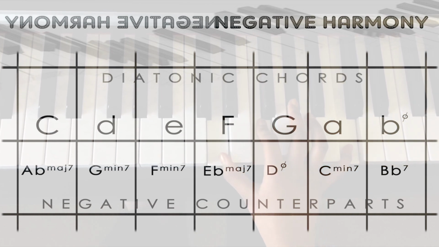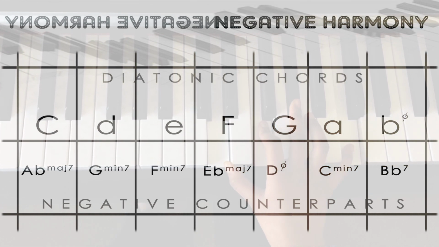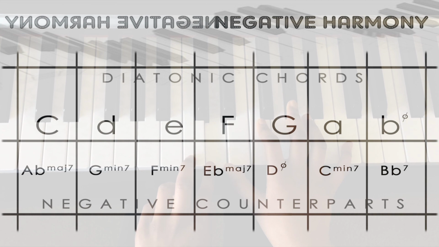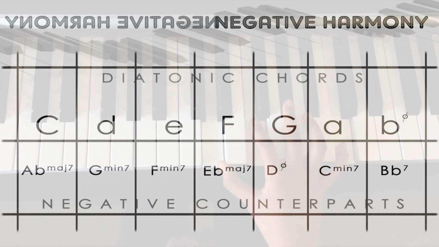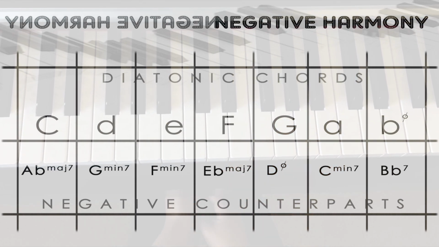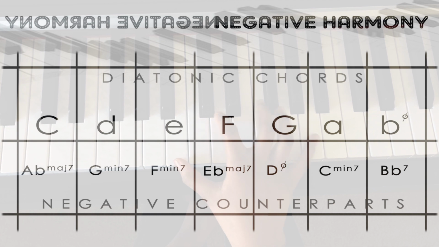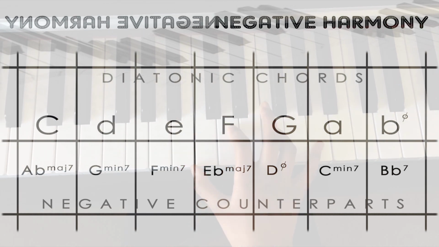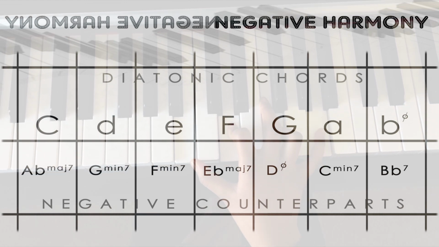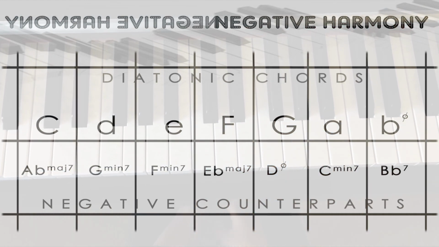So you just construct a half diminished chord on the second note of the C major scale. So that would be your D half diminished chord. And for the last chord of the C major scale, which is B diminished, that would lead to the flat 7th.